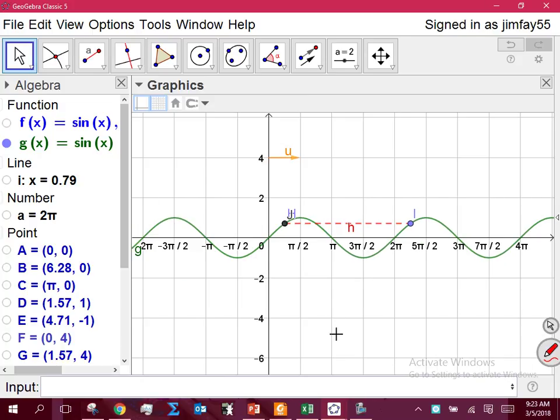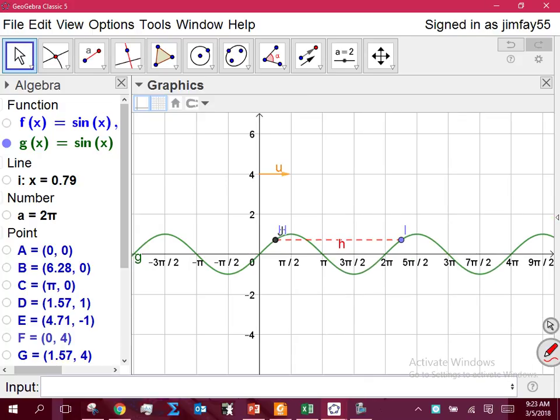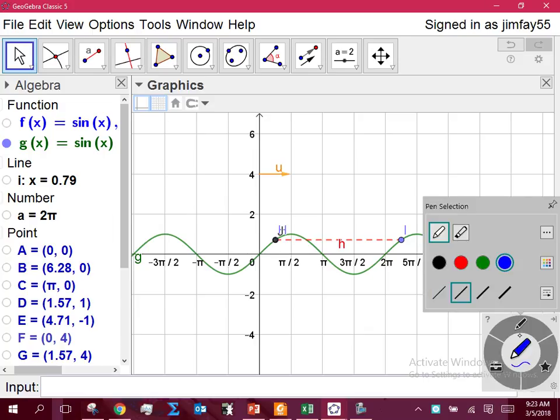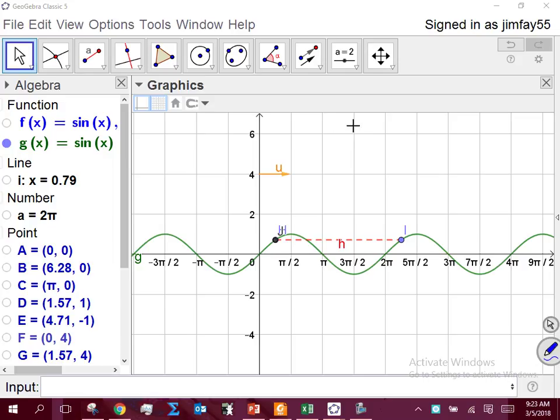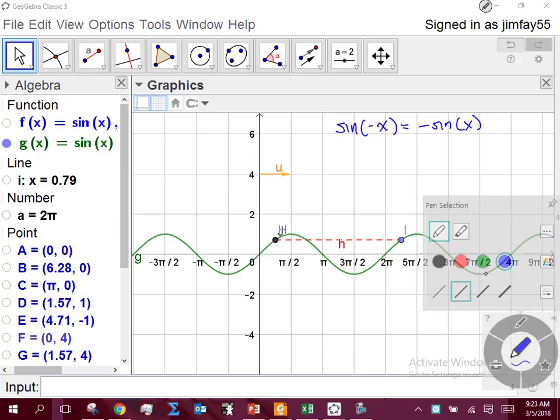Let's talk about this. Let's say we knew from last week, I think it was like Thursday maybe, we introduced this. We said that the sine of negative x, does anybody remember what that was equal to? Negative sine of x. Okay. If you remember back to algebra, this would probably have been like the 3rd or 4th day of class, I think we introduced this.